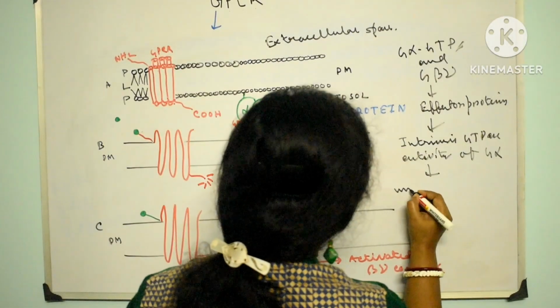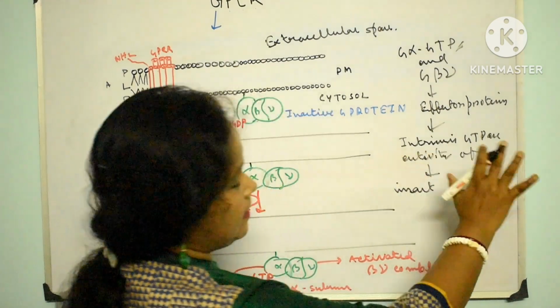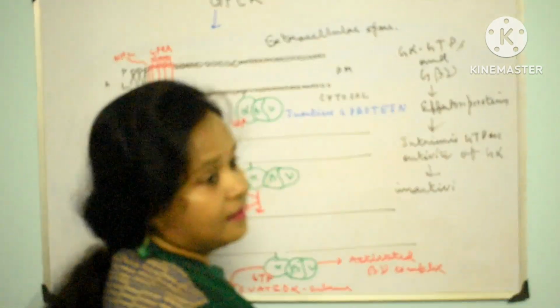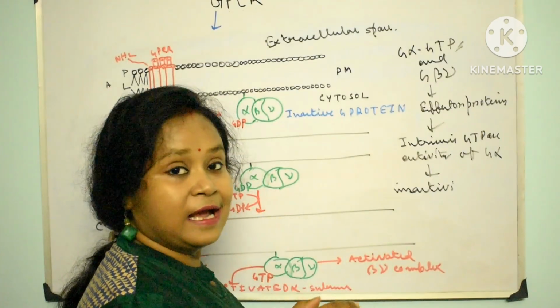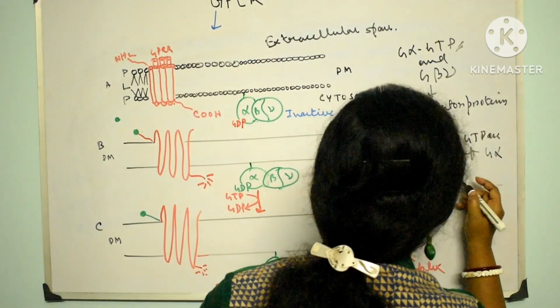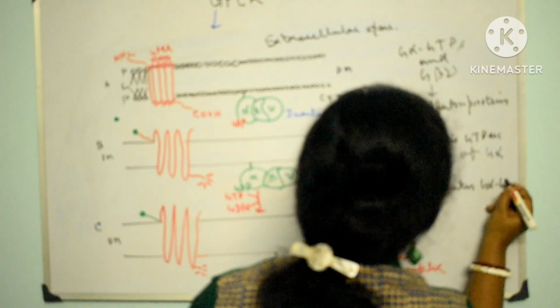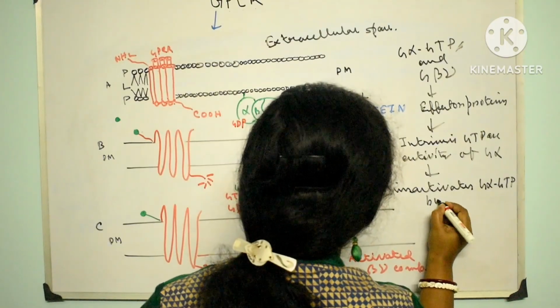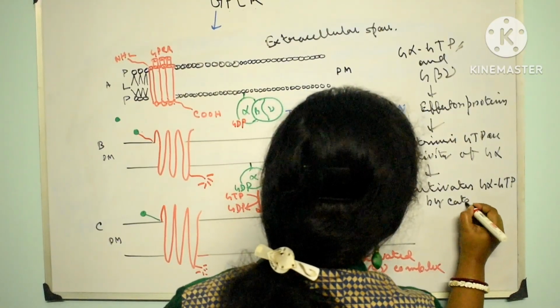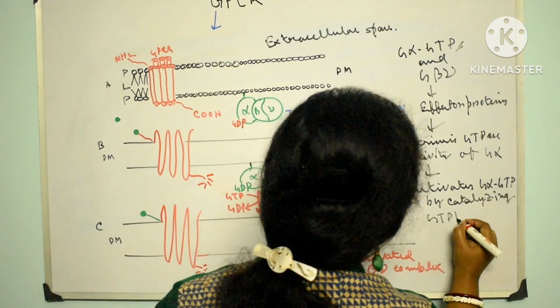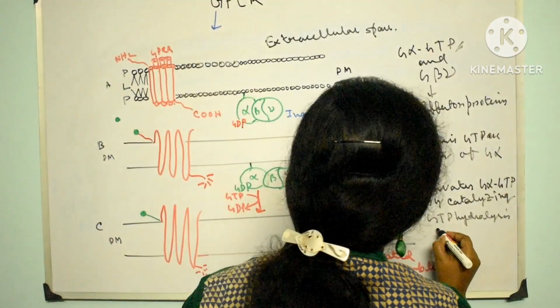This inactivates it; all is set, all is done, the activity is over. Then it comes to that inactive condition. This inactivates G alpha GTP by catalyzing GTP hydrolysis.